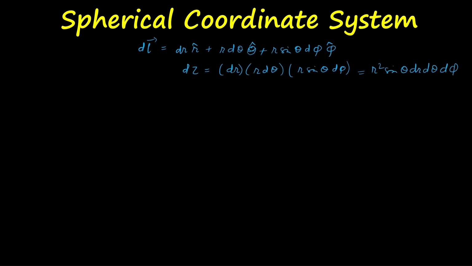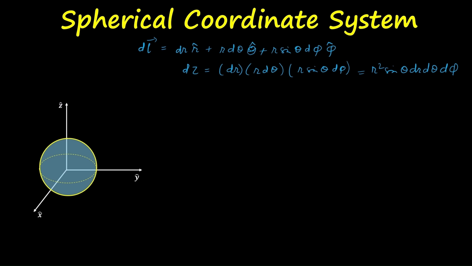Now, before concluding the spherical coordinate system, let us do two exercises, and through these exercises you'll be able to appreciate how powerful this coordinate system is. So this is a sphere, and we know the surface area of a sphere is 4 pi R square, where capital R is the radius of the sphere.